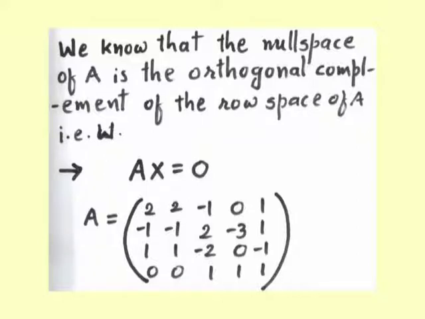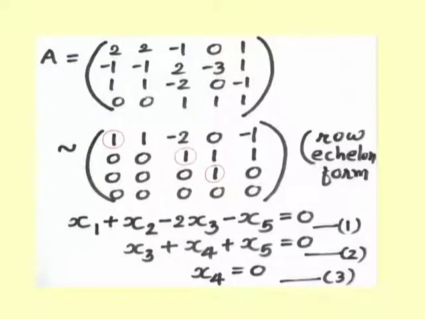So first write AX equal to 0. This is a homogeneous system, so first of all we have to convert matrix A into row echelon form. After converting, we get this row echelon form, and from this we write down the equations. Here we have 3 equations in 5 variables, so 2 variables are free, that is x2 and x5.